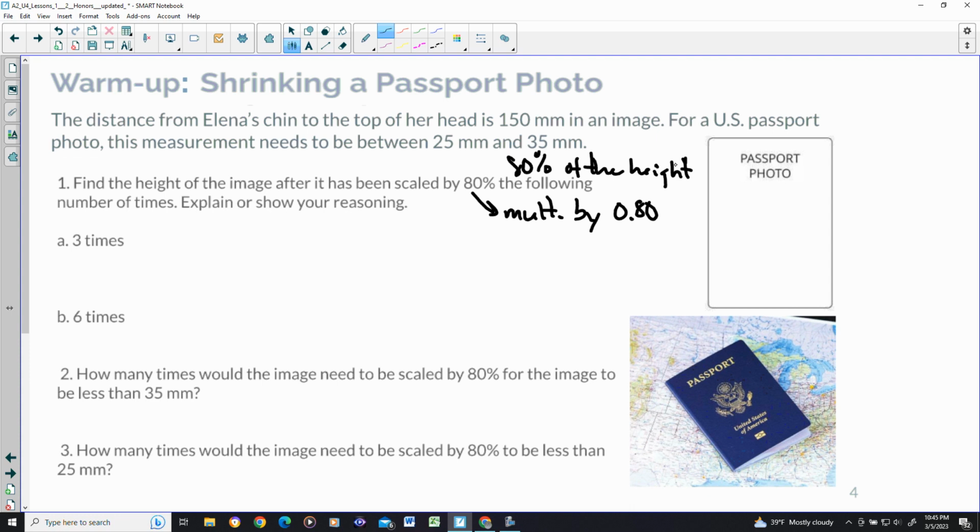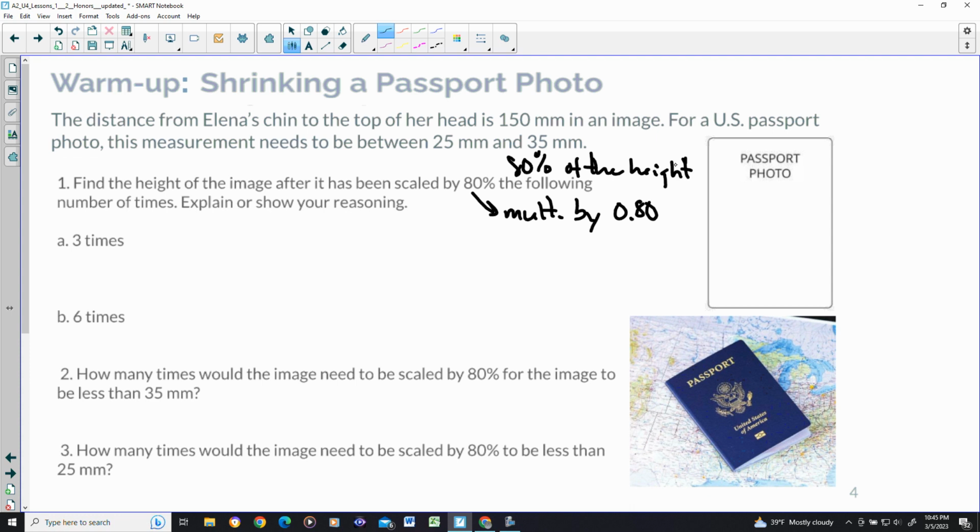Okay, so from here, we're going to scale it 3 times, right? So what does that mean? We're going to scale by 80%, but then we're going to scale the new one by 80% as well, and then scale the new one by 80% again. It doesn't mean that we're going to scale by 240% because we can't do that.